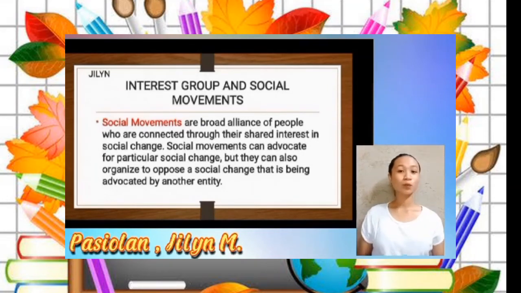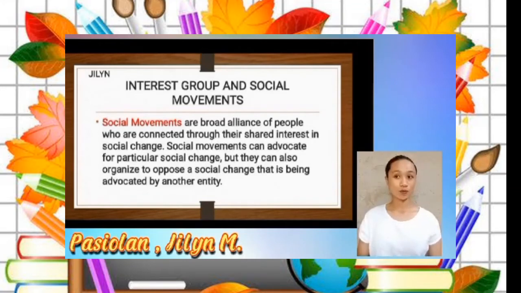I will discuss the interest group and social movements. Social movements are broad alliances of people who are connected through their shared interests in social change. Social movements can advocate for a particular social change, but they also organize to oppose a social change that is being advocated by another entity. All interest groups share a desire to affect government policy to benefit themselves or their causes.